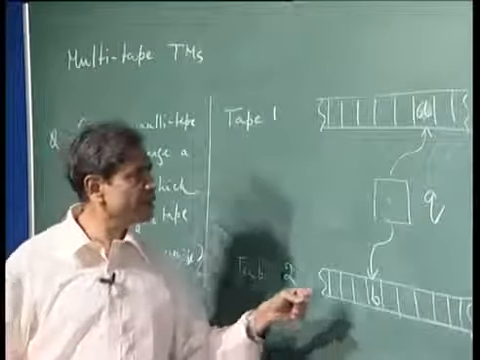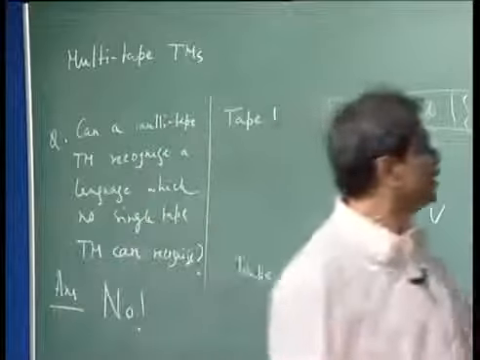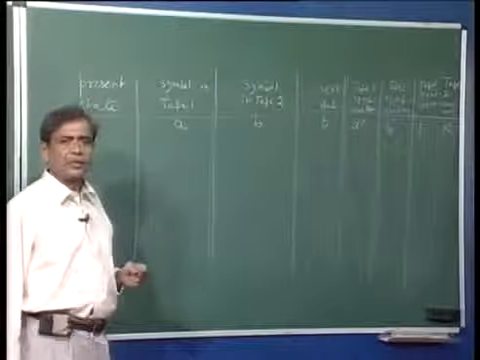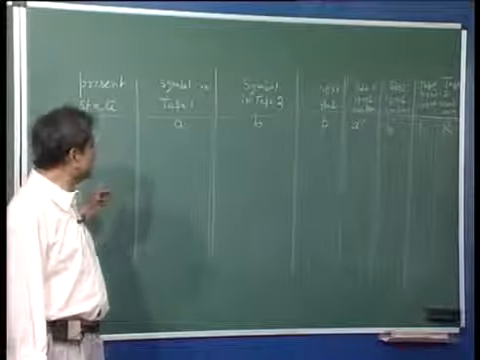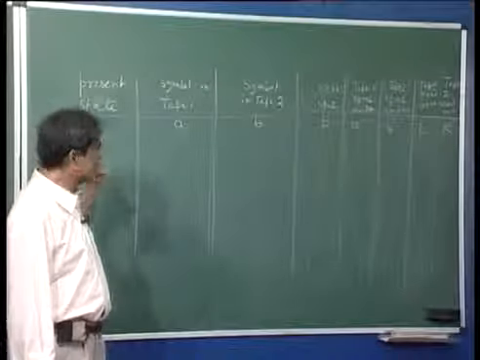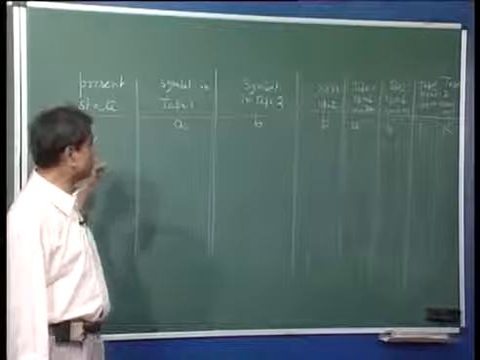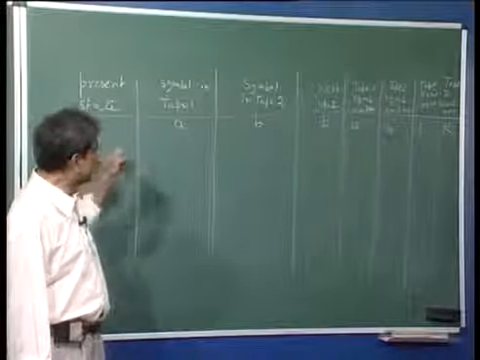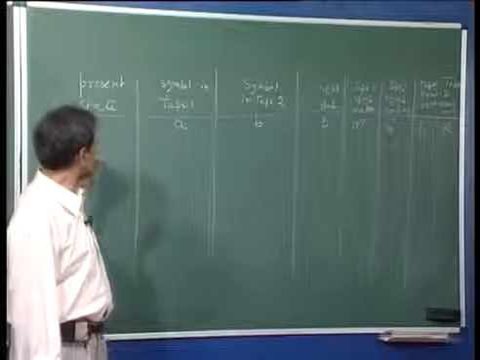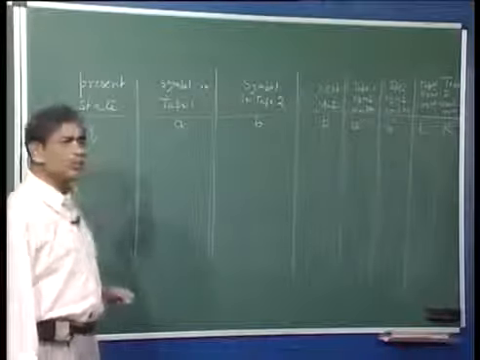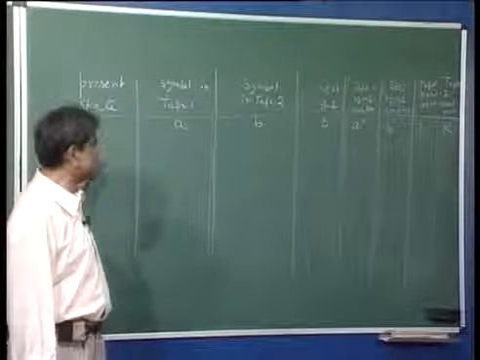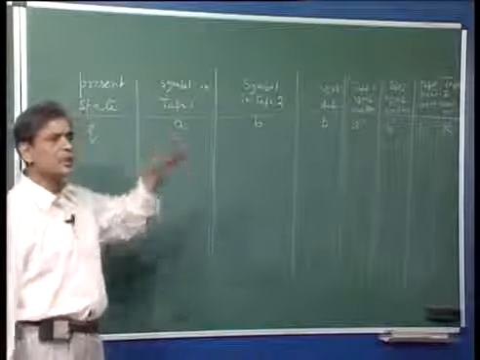And in this case we had said that a move of such a machine will be described now by not a quintuple or a tuple of 5 elements, but it will have 8 elements. Why? Because you need to describe, given a present state and the two symbols in the two tapes.